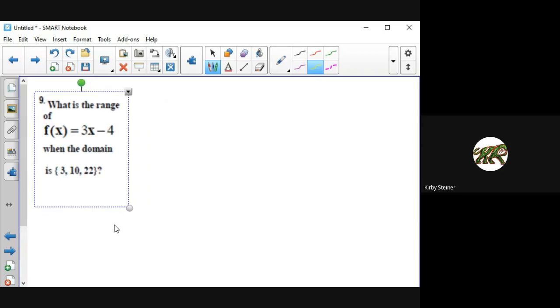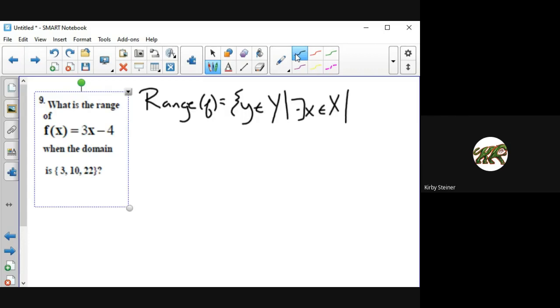What is the range of f of x equals 3x minus 4 when the domain is 3, 10, and 22? Again, we have to remember that range is the y in Y such that there exists an x in X such that f of x equals y.